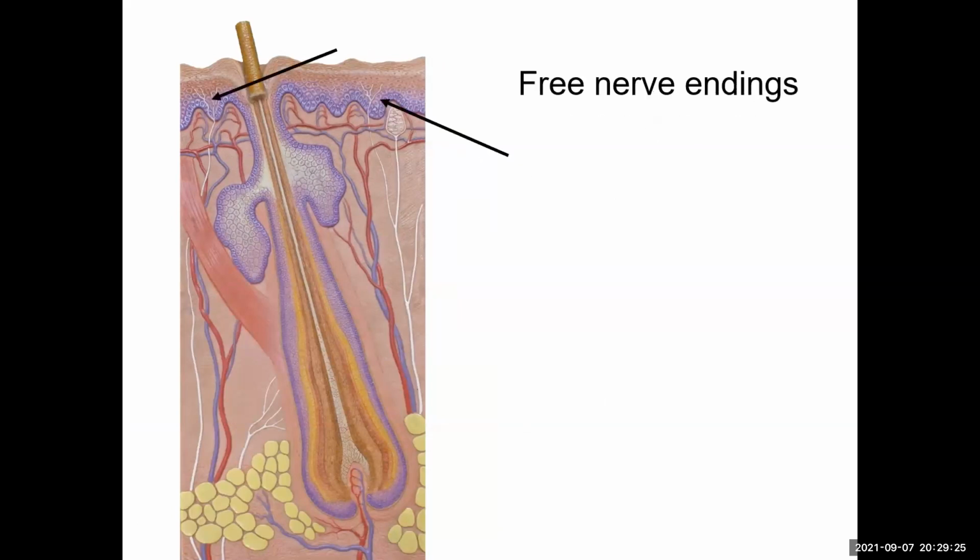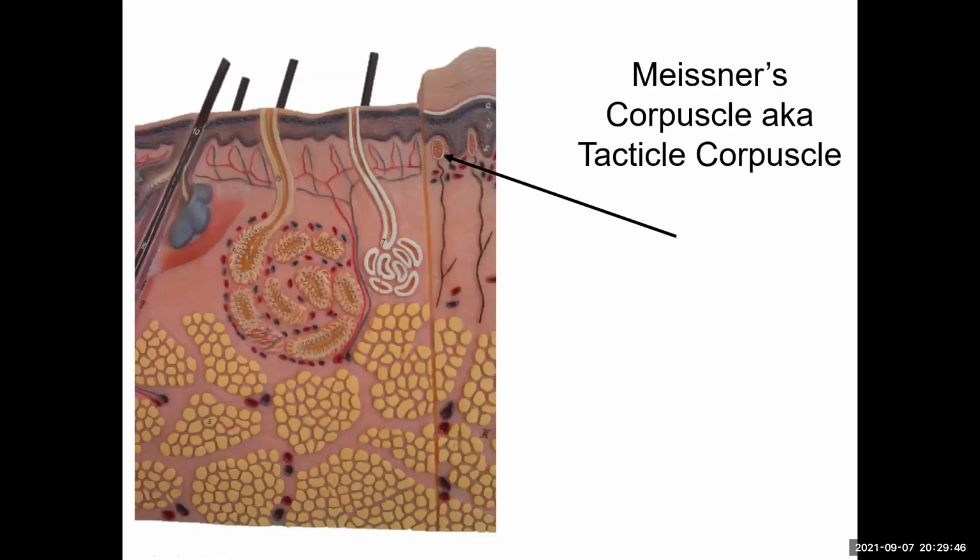And then you can see this arrow should be over here. These are free nerve endings, and they play a big role in pain reception. So you'll have some of those just kind of grafting up into there. There you can see the Meissner's corpuscle or the tactile corpuscle on this model.